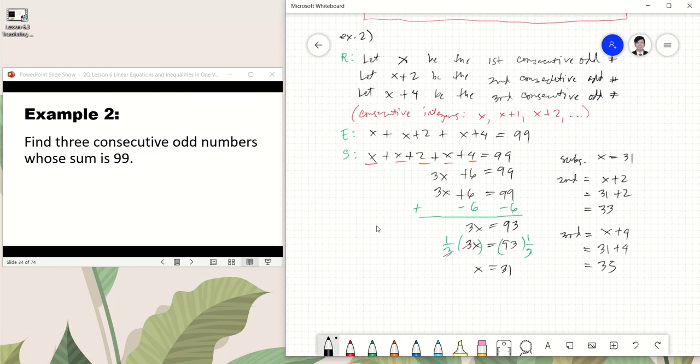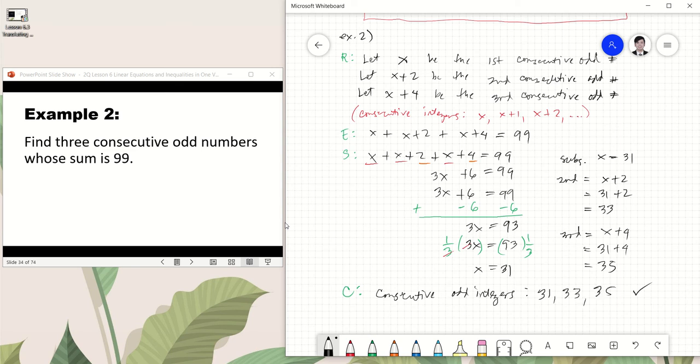Okay, so now we will double check if our work is really correct. So there are 3 conditions, okay? So first, are these consecutive odd integers? 31, 33, 35.